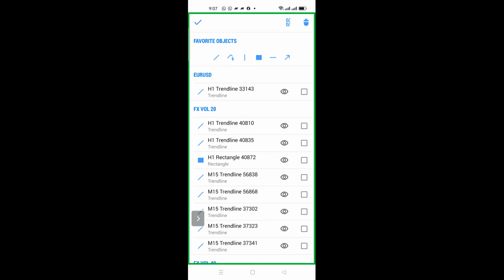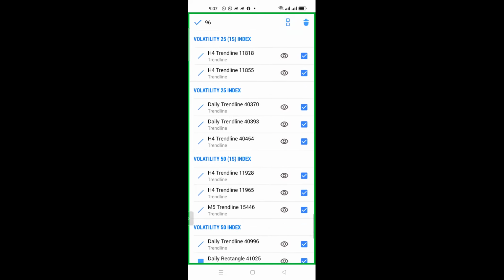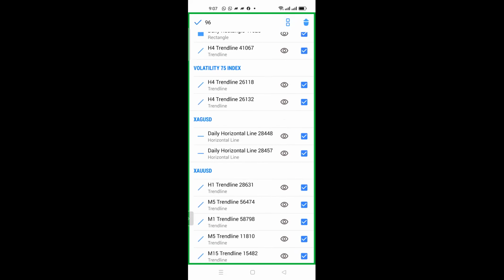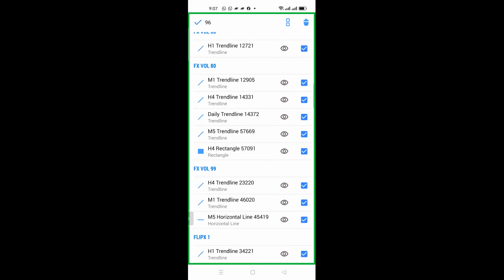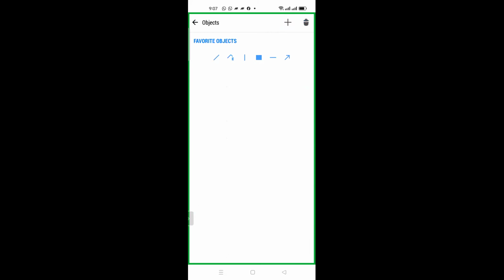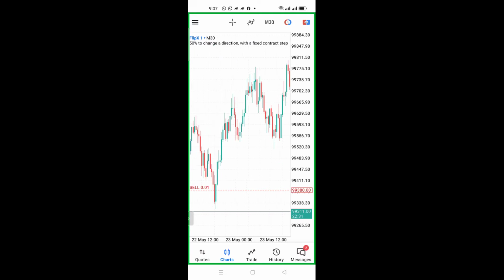Now, when you click on it, it will check every tool you have used on different charts, on different assets. Then when you click on delete, it will delete everything. Now, if I go back to my chart, there is nothing on the chart.